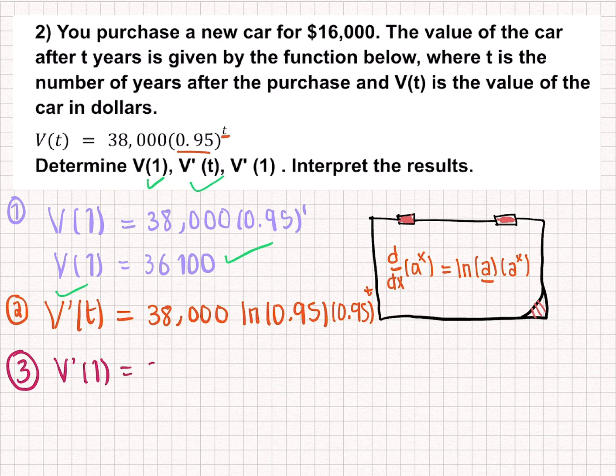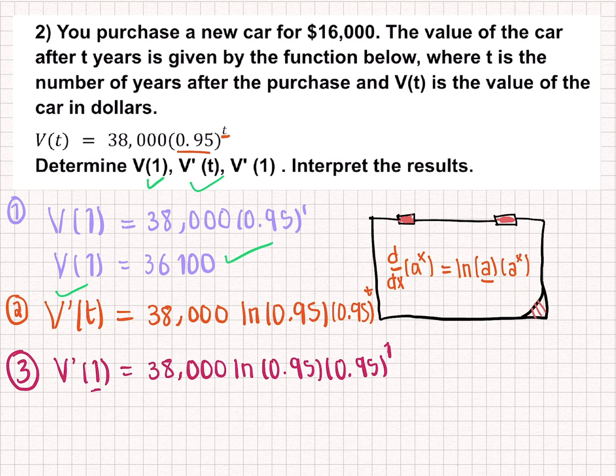We would copy paste what we found as the derivative, but instead of t, we will write 1, because they asked us to find v prime of 1 and not v prime of t.